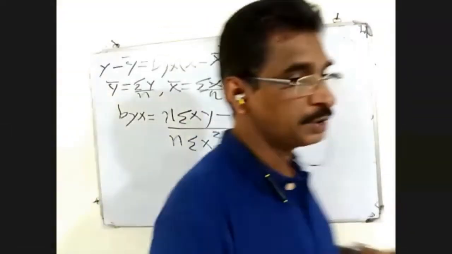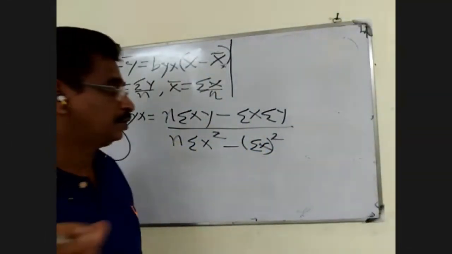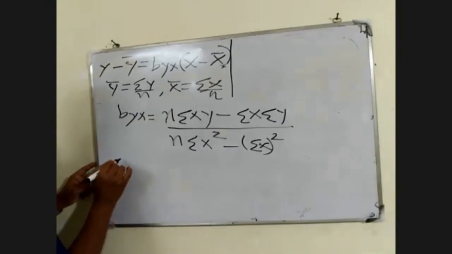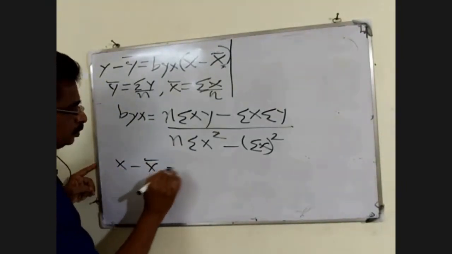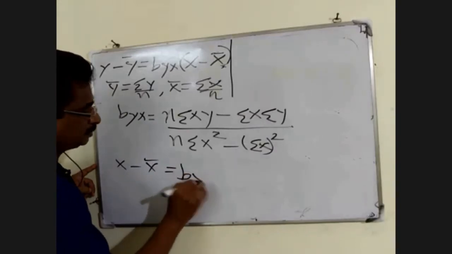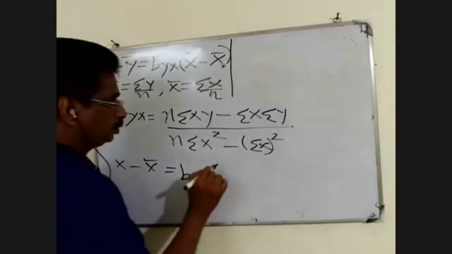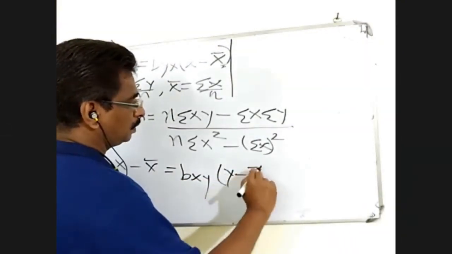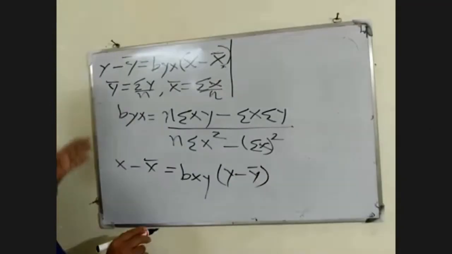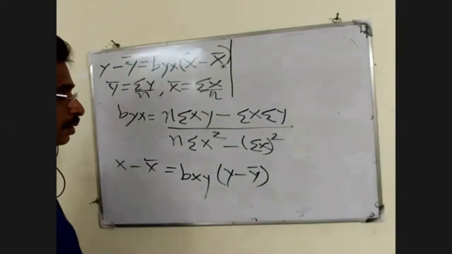the regression equation of x on y is x minus x bar is equal to bxy into y minus y bar.